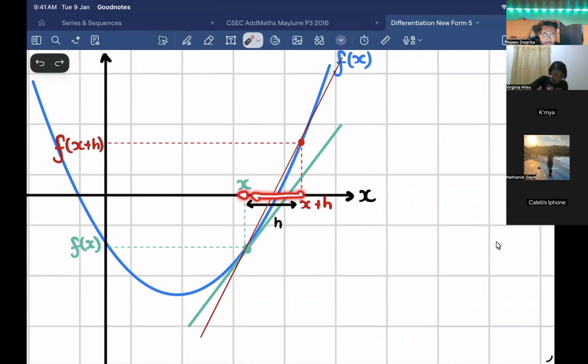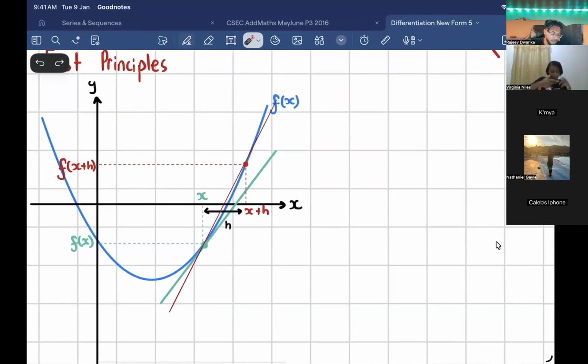The approximate gradient. What would that say about the approximation? It would be exact. Exactly, the approximation will be exact.